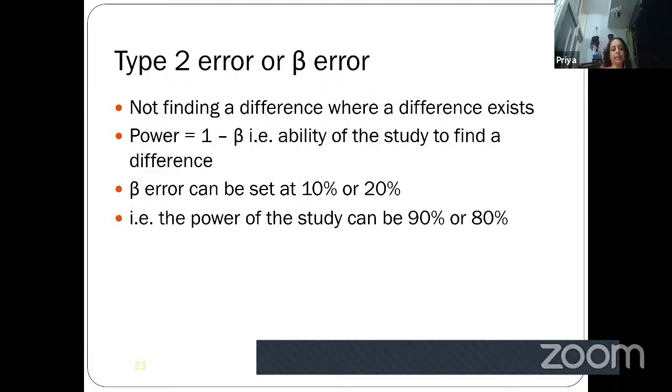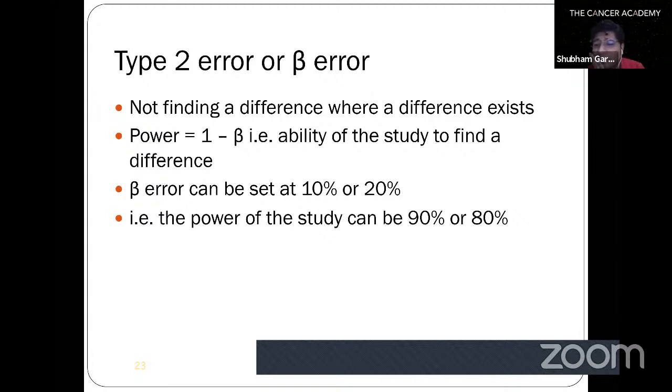So if your beta error is 10%, which means there's a 10% chance that you're going to miss a difference, then the power becomes 90%. There's a 90% chance that you will pick up any difference. If your beta error is 20%, there's a 20% probability that you will miss a true difference. Then the power becomes 80%, which means if there is a difference, you're 80% likely or probable to pick it up.